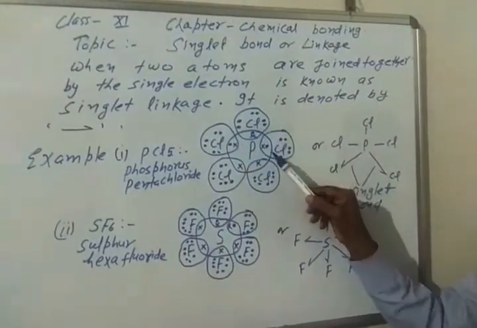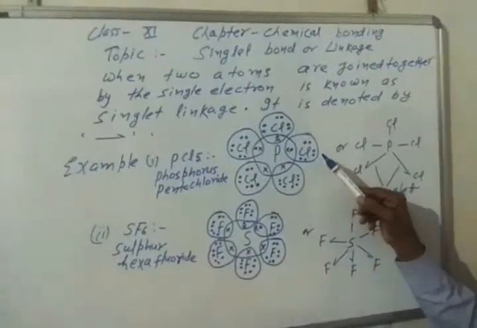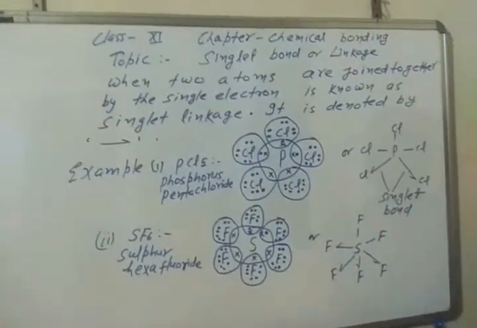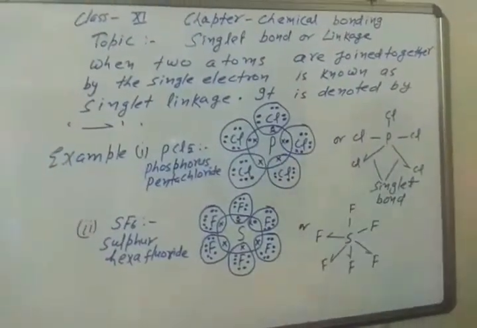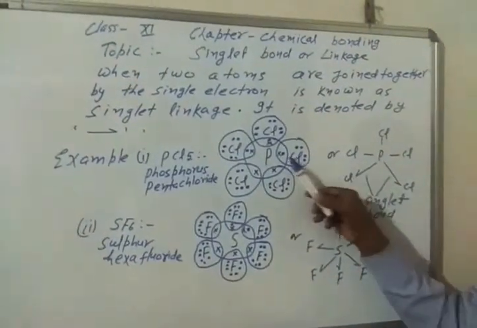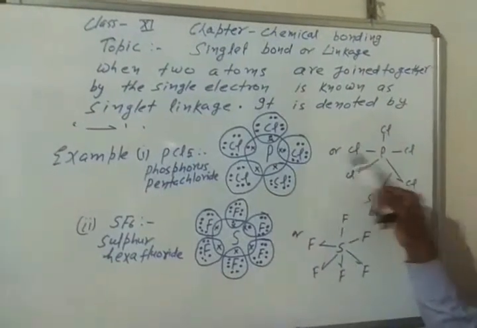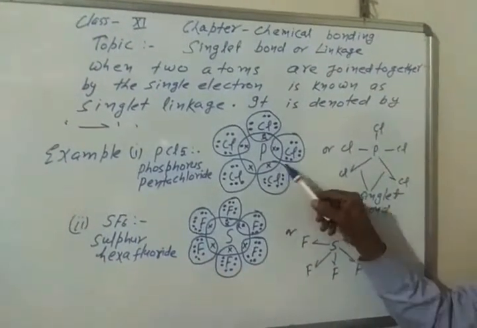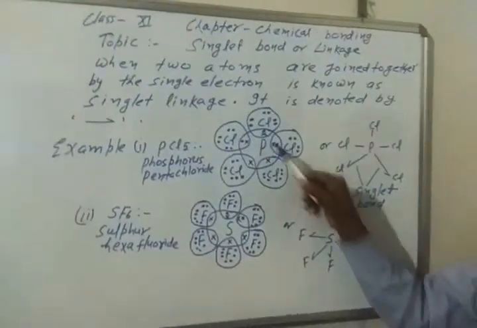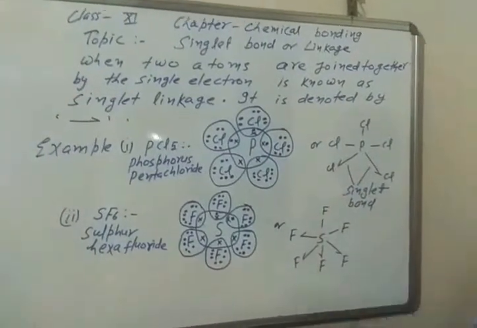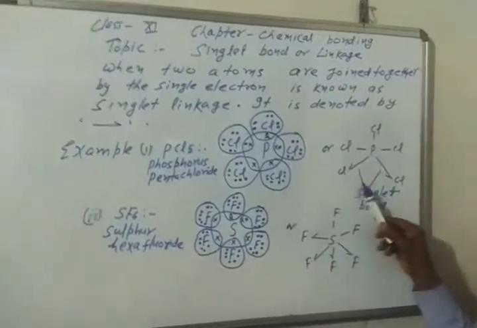3 chlorine atoms undergo sharing with the phosphorus atom with 1 electron forming a single bond, and the rest 2 chlorine atoms are joined to phosphorus by singlet linkage.